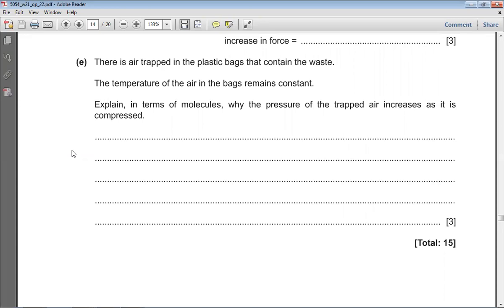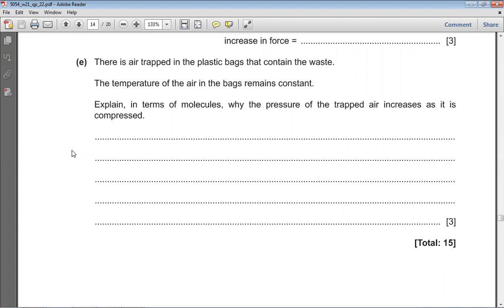The reason is, when you compress the air, the number of air molecules per unit volume increases. Remember this sentence: the number of air molecules per unit volume, I said length, sorry, per unit volume increases.